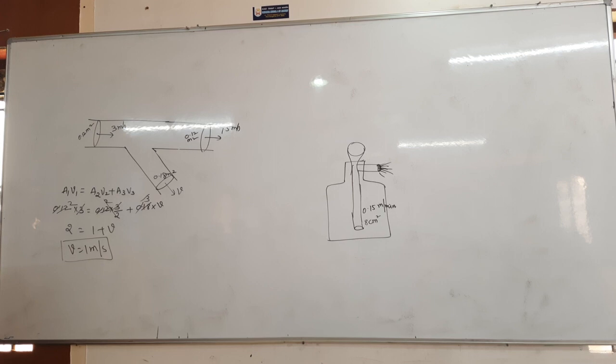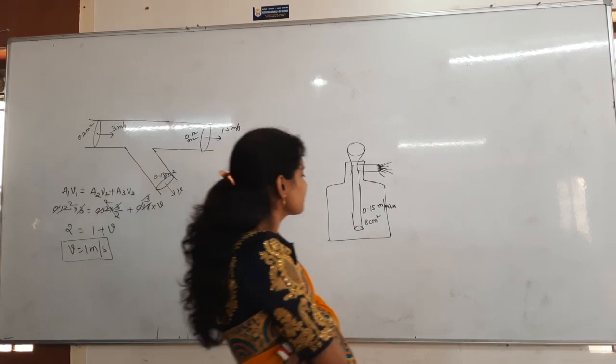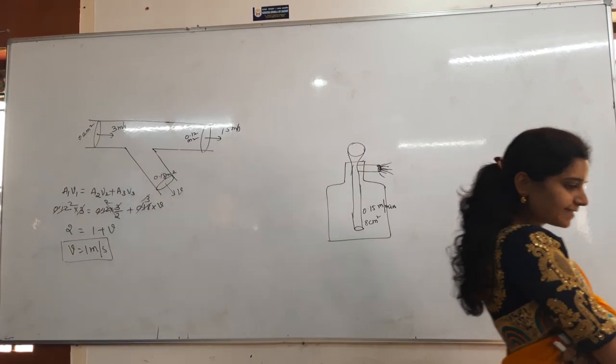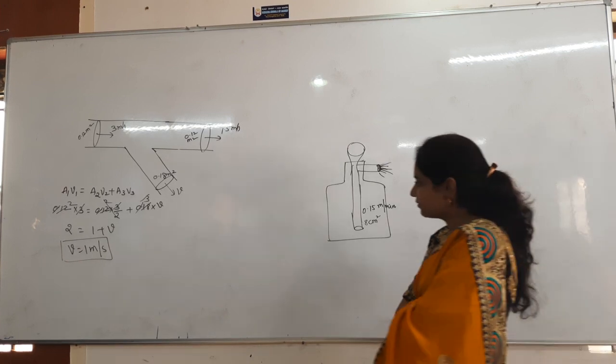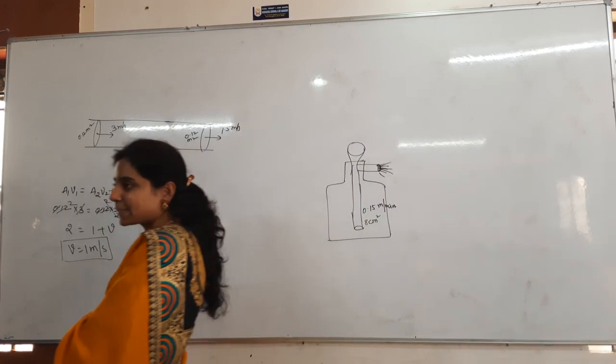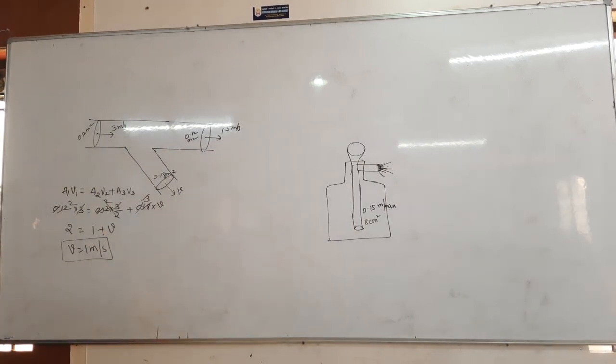See, two areas are given, one velocity is given, so immediately what do you have to apply? Equation of continuity. That's it. Yes, very good, Yuvraj. Very good. See the units properly.